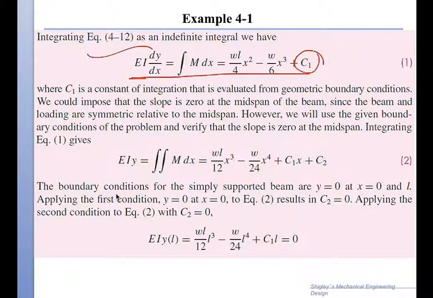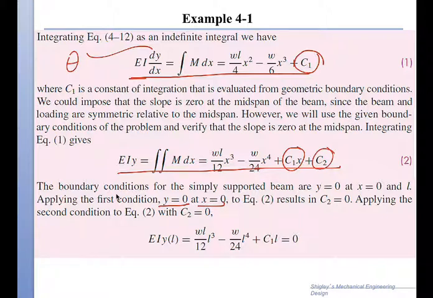Notice that dy by dx is theta, so I can use the condition that theta is equal to 0 midway at L over 2 to determine C1, but I'm going to leave it until the end and determine C1 and C2 together. If I integrate one more time, I get EI times y. It will have C1 times x and then C2, and the deflection y is equal to 0 at x equals 0.